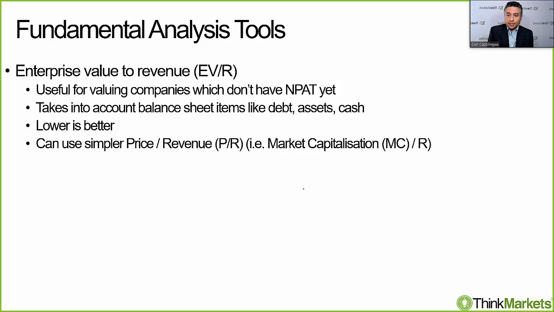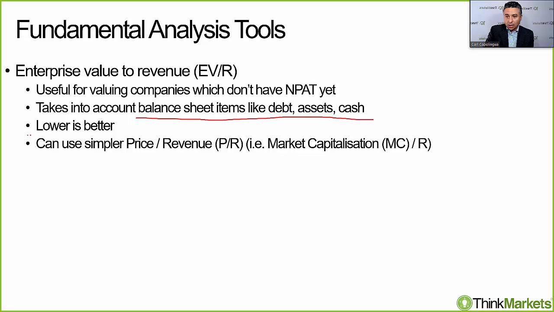And Afterpay is one we use as a case study today, which I think is a very good example of that. So it's a company we can use the enterprise value to revenue to calculate for Afterpay, and then compare against other companies to check that relative value. It takes into account balance sheet items like debt, assets, and cash. So it's a little bit broader than the PE ratio is.